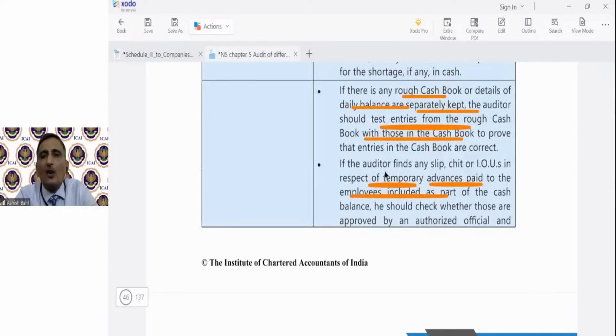So these should not normally be included in cash, because these are generally a small amount, say 500, given as a temporary advance to some staff. So these should normally not fall there, and these should be reflected in the advances.